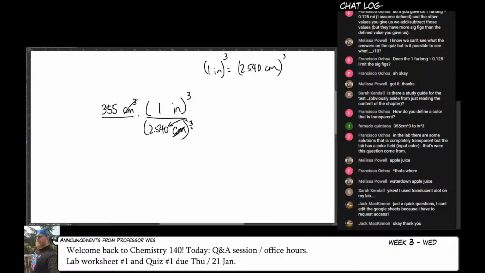And I still have to cube this number. And then this 3 will go in here to both these. And so then I just punch it in the calculator. And I get 21.7 inches cubed. Which should have 3 sig figs because the number I started with had 3 sig figs. There you go.